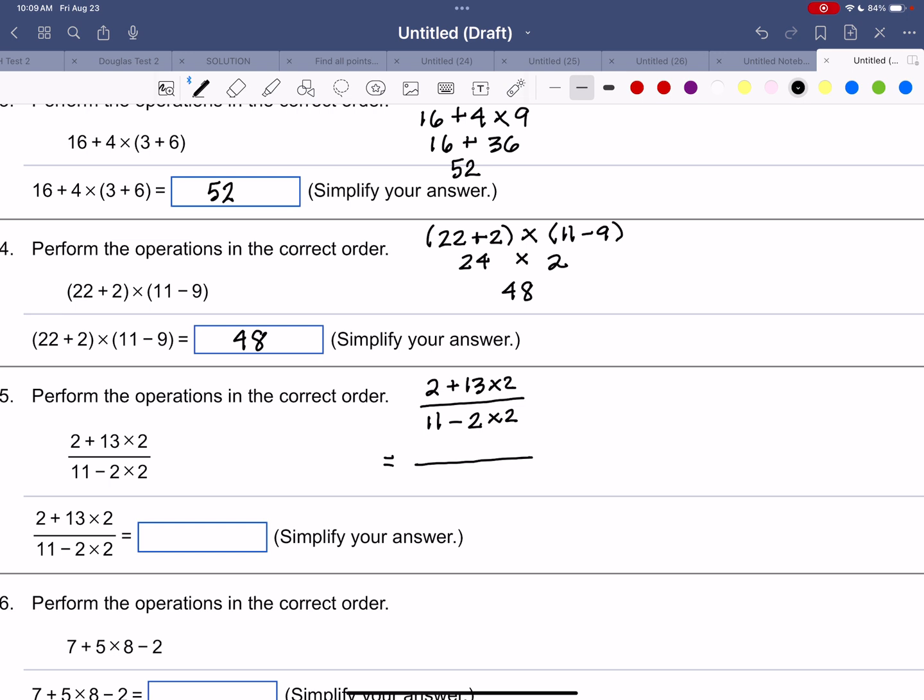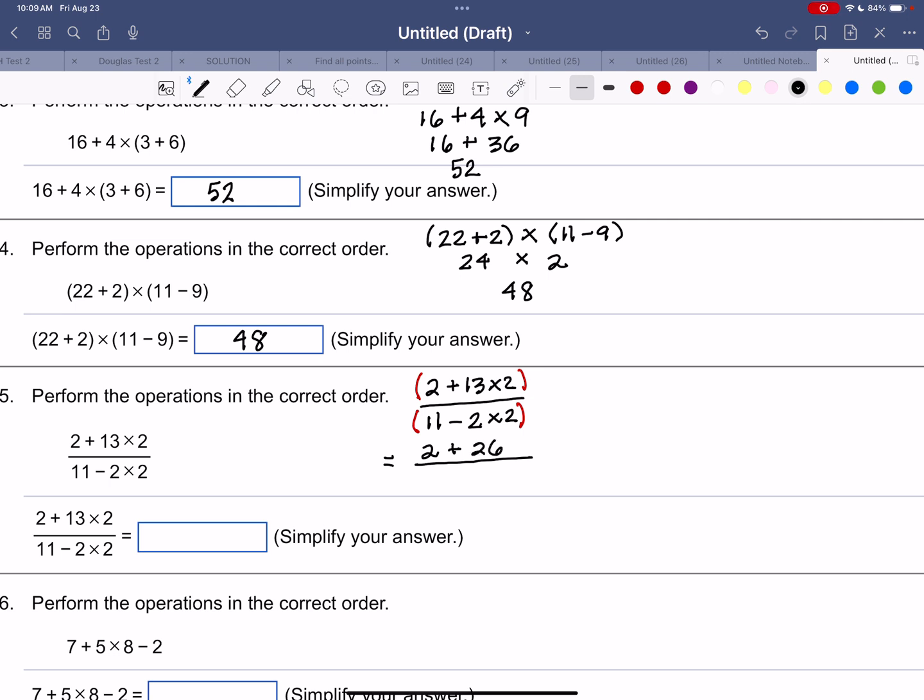It's as though there are implied grouping symbols here and here. Okay, so on the top, I need to do multiplication over addition first. So 2 plus 13 times 2 is 26.